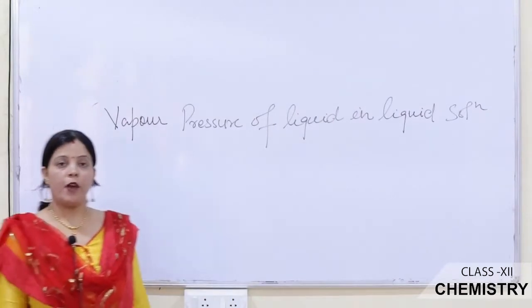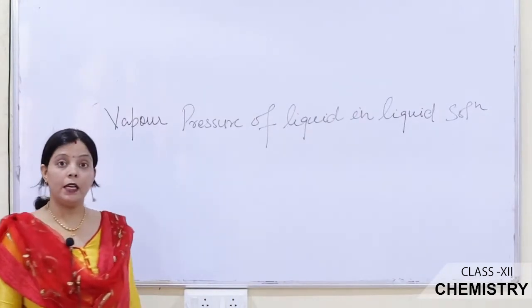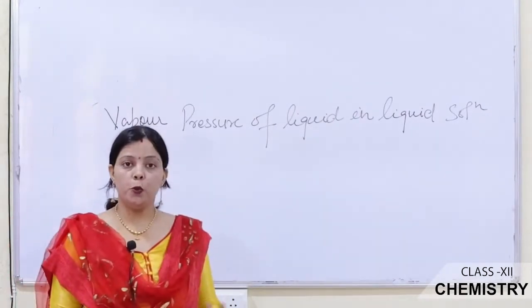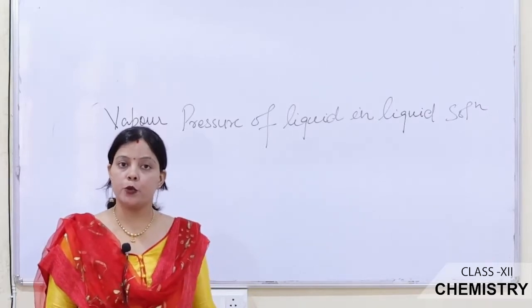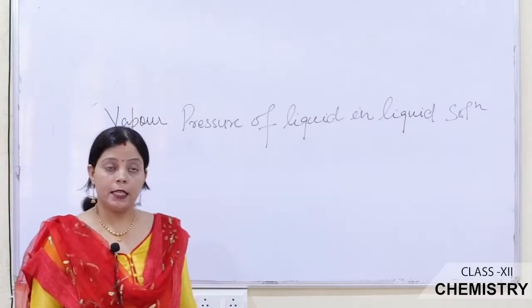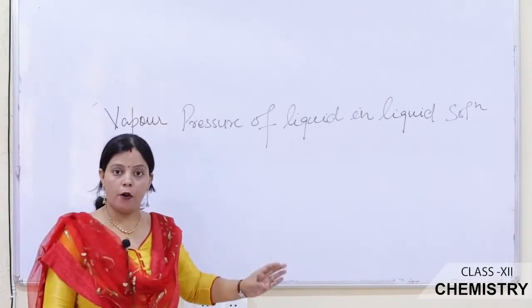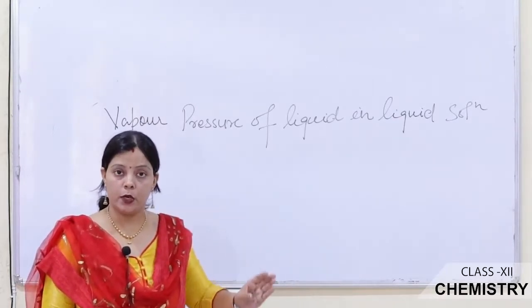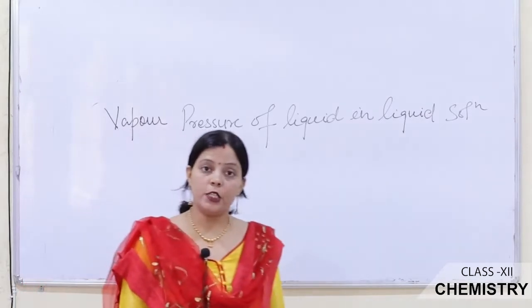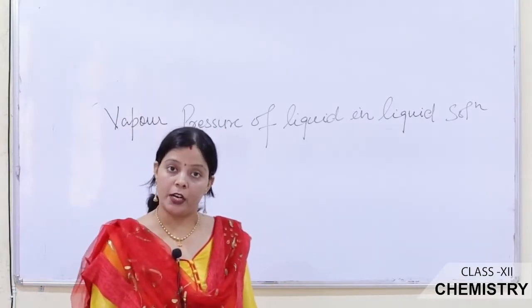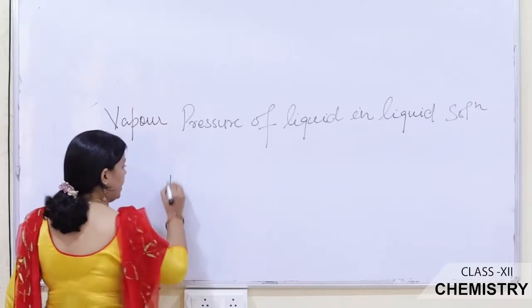Next is the vapor pressure of a liquid in liquid solution. When two miscible volatile liquids are mixed together to form a solution, the vapor pressure of the solution is the sum of the vapor pressures of the individual components, in accordance with Dalton's law of partial pressure, that is, P total.